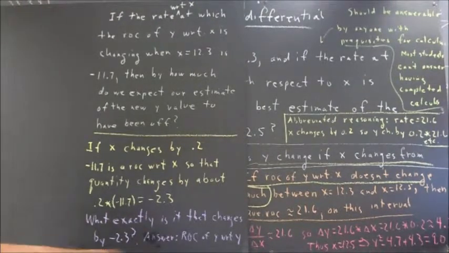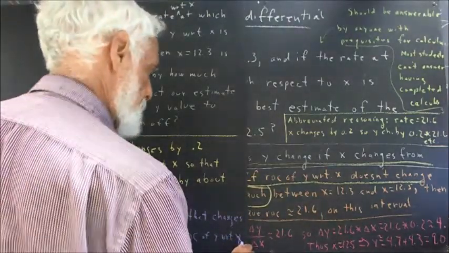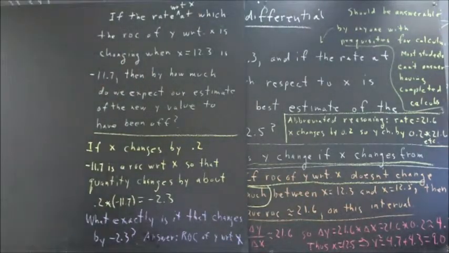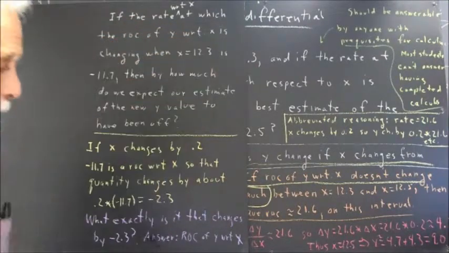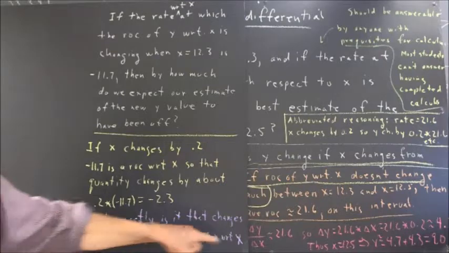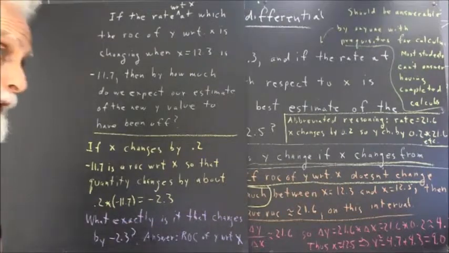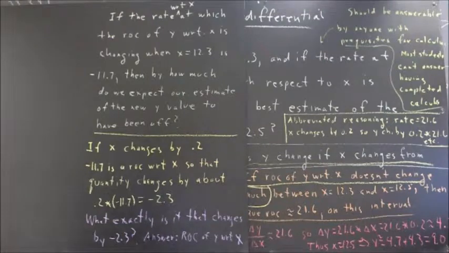The answer is it's the rate of change of y with respect to x, not y. Again, because this is the rate at which that rate of change of y with respect to x changes. So when we find the change in that quantity, we found the change in the rate of change of y with respect to x. Now, how does that modify our estimate of the new value of y?